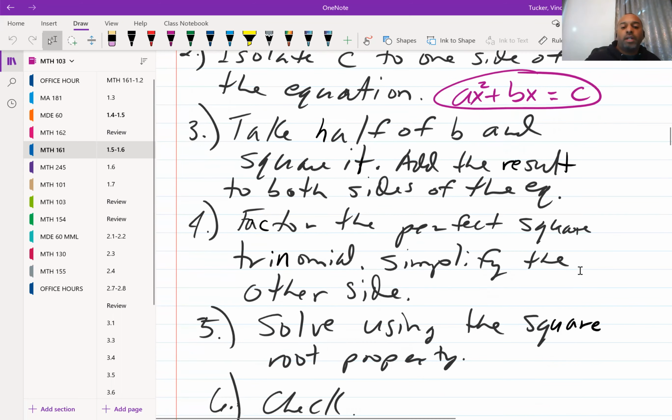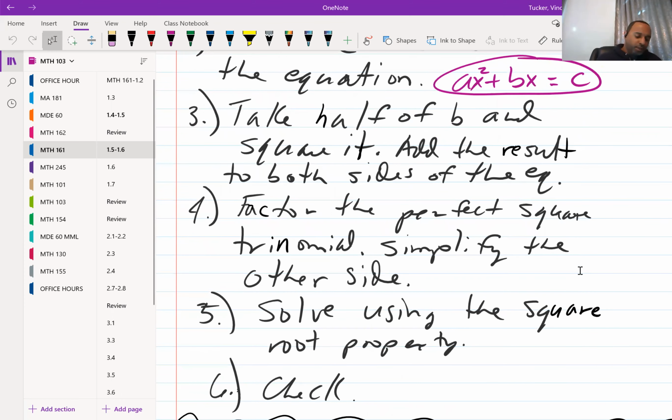All right. Then check is always the last step, whether you do it or not. In this case, if you do everything correctly, you should have the right answer, but you can always plug it back into your equation and check.